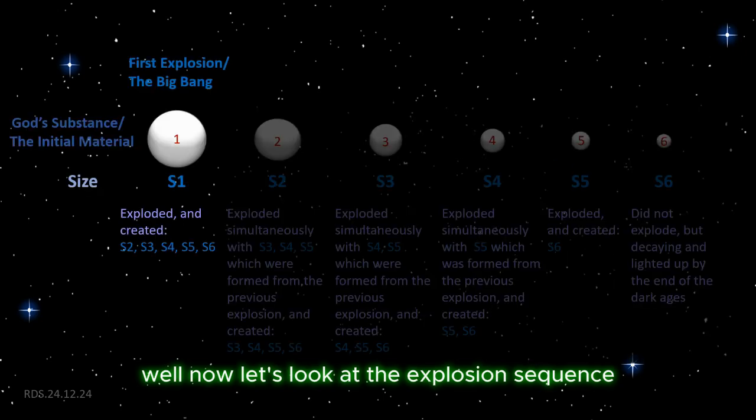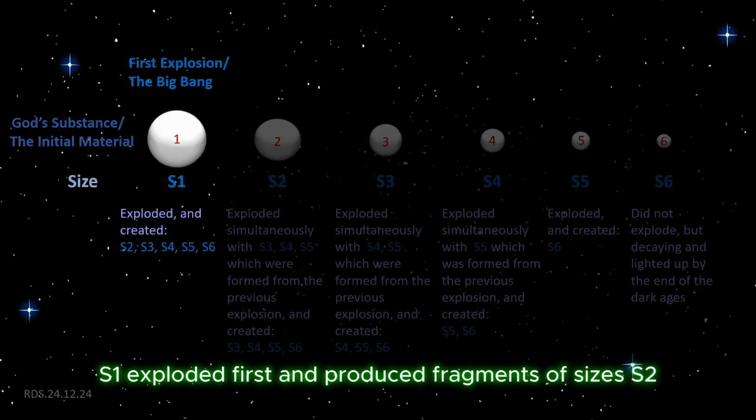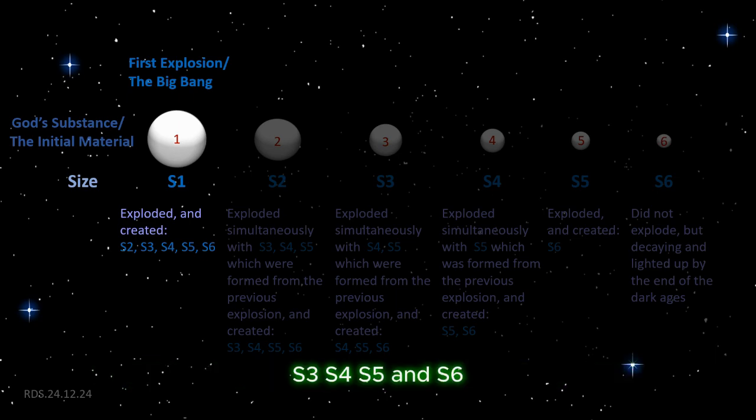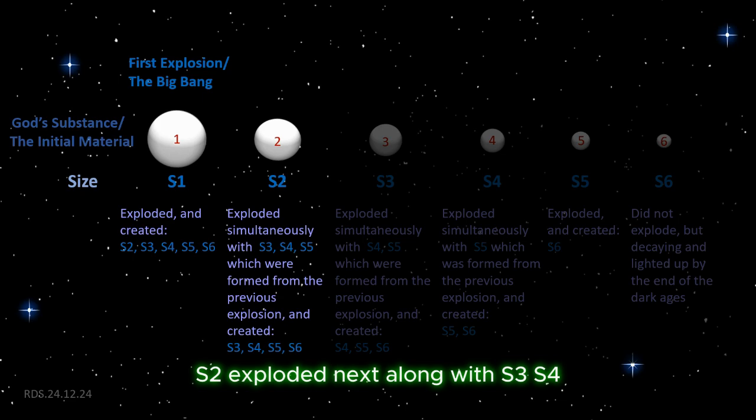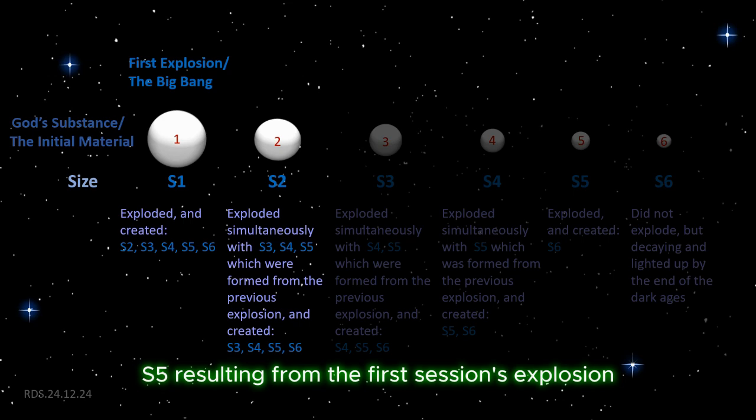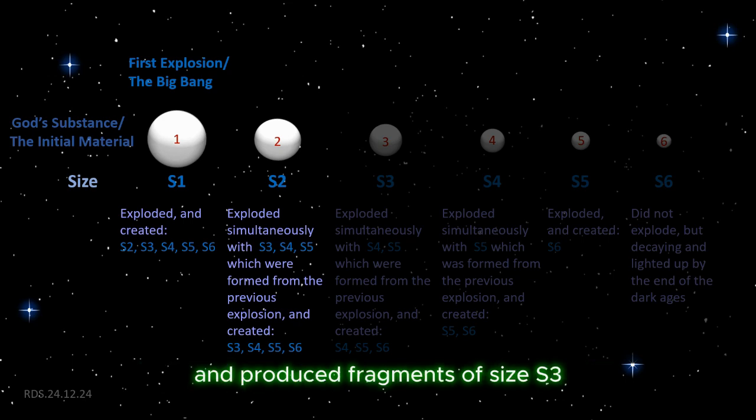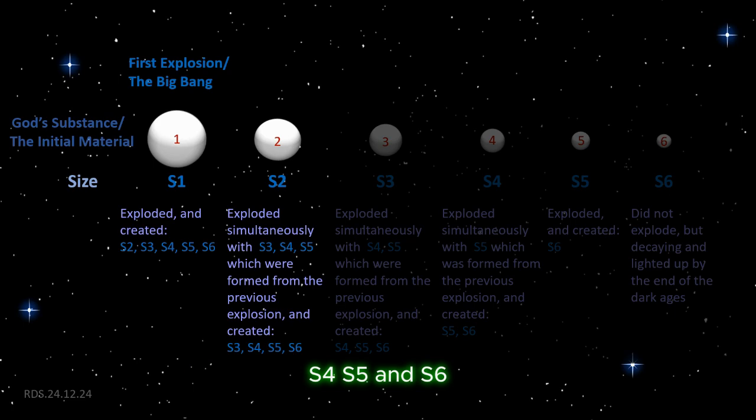Well, now let's look at the explosion sequence. S1 exploded first and produced fragments of sizes S2, S3, S4, S5, and S6. S2 exploded next, along with S3, S4, S5 resulting from the first session's explosion, and produced fragments of size S3, S4, S5, and S6.